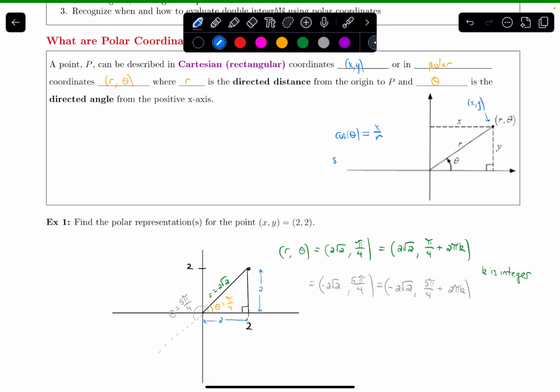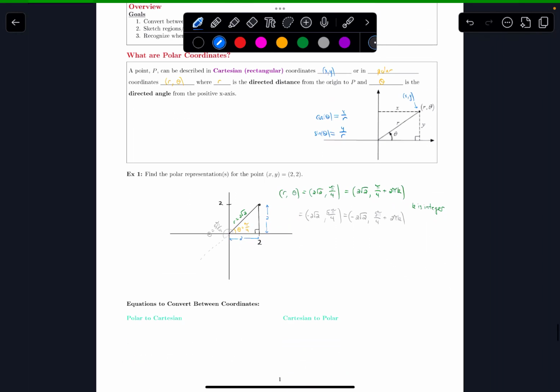And sine of theta is going to be opposite over hypotenuse. So that's y over r. If I take these equations and multiply both sides by r, I can isolate and get x equals r times cosine theta, and y equals r times sine of theta.